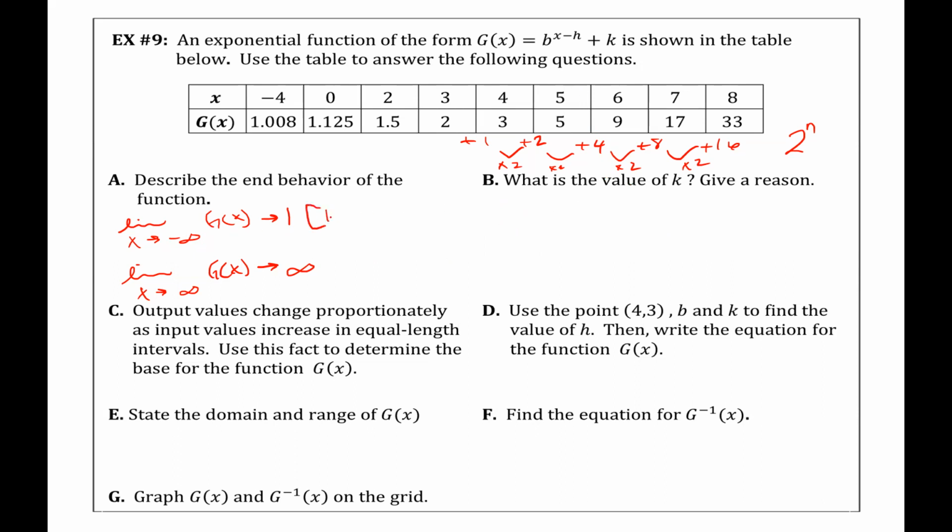It's approaching 1 because there's a horizontal asymptote. Okay. And when we know the horizontal asymptote, that means we know our k value. So we know that our k equals 1. And that's because y equals 1 is a horizontal asymptote.